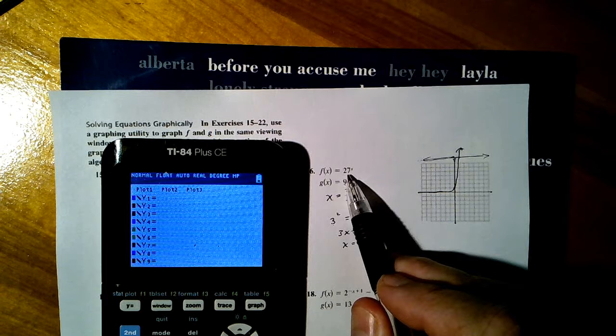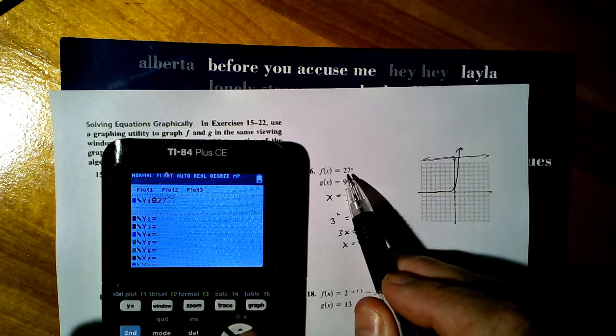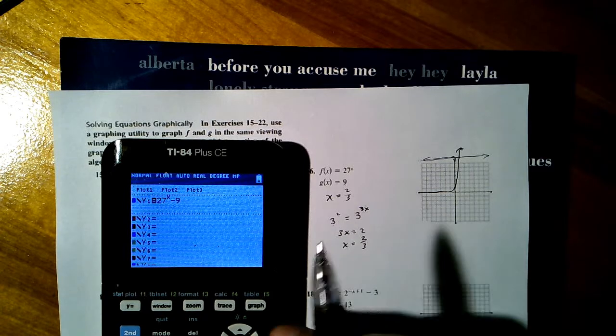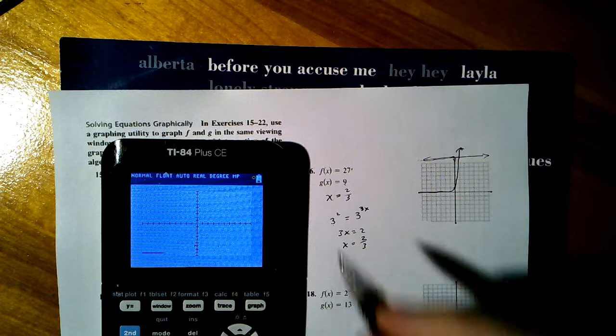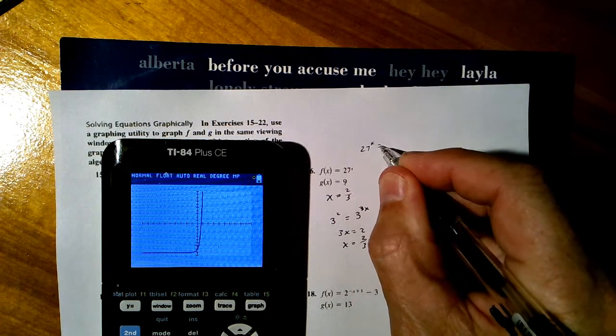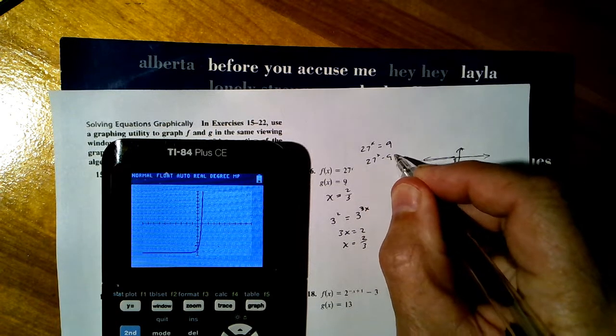I just take one function, 27 to the x, and I subtract the other equation from it, minus 9. I graph that, and if we want to know when 27 to the x equals 9, well, 27 to the x minus 9 would equal 0.